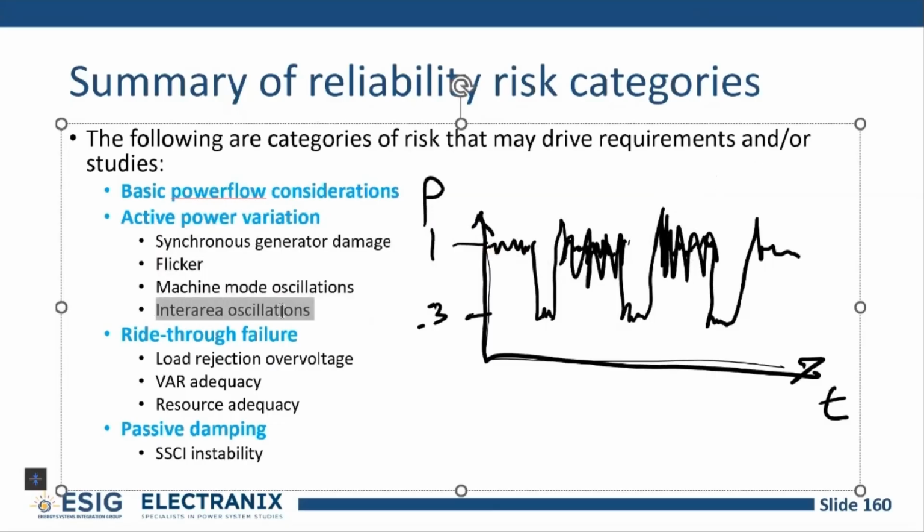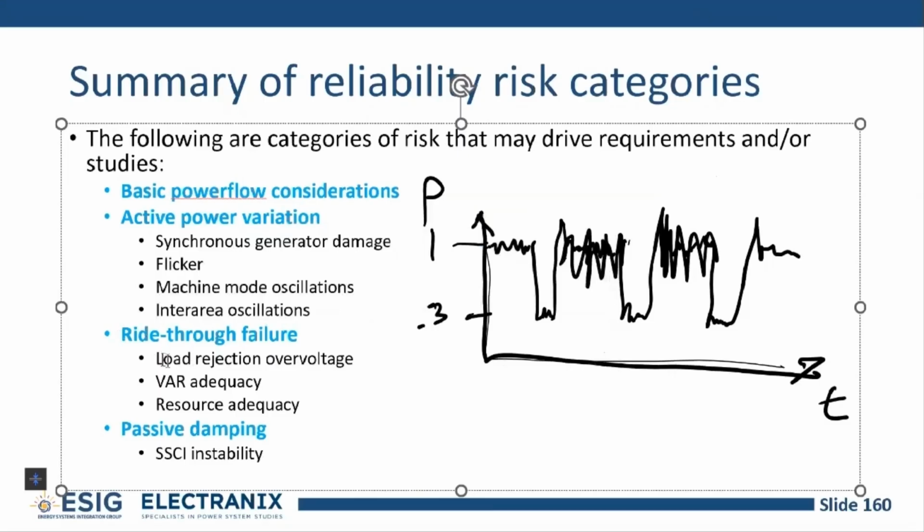If this is happening at 0.1, 0.25, or 0.5 hertz, and you're forcing this function at a fairly large level, those are inter-area modes that we can potentially be driving, right? So if you do this for a while, you can potentially excite an inter-area oscillation.